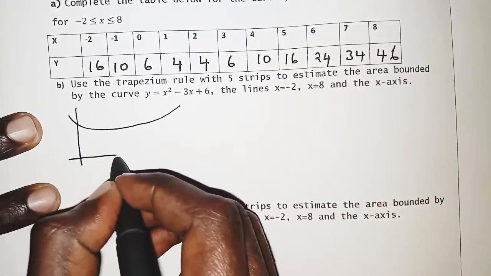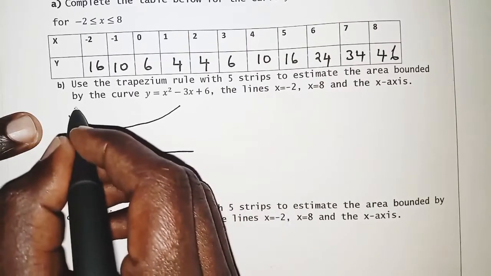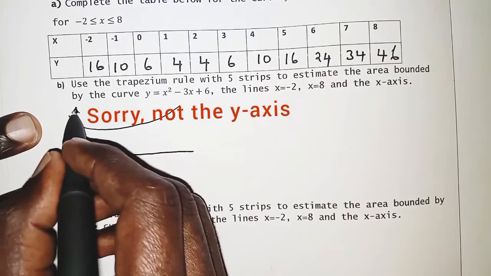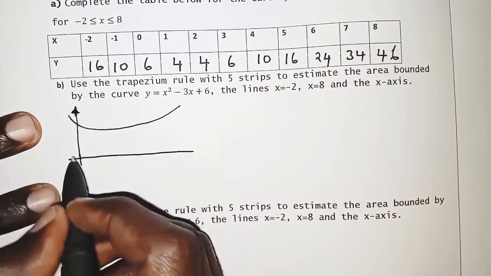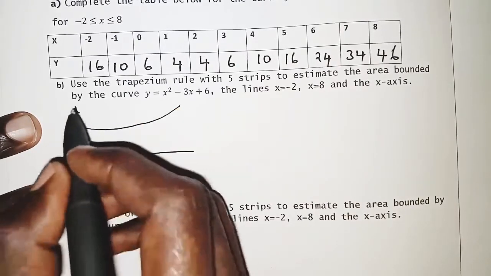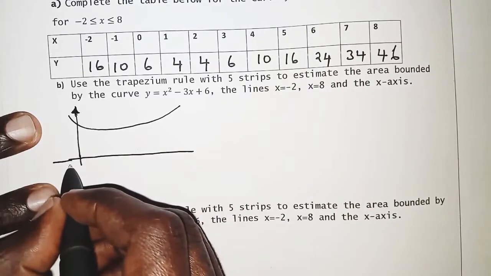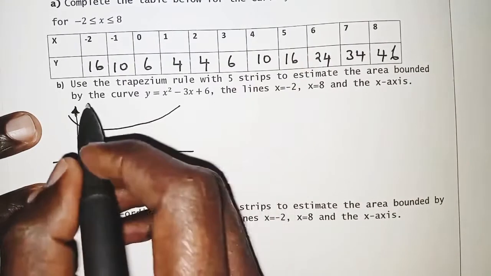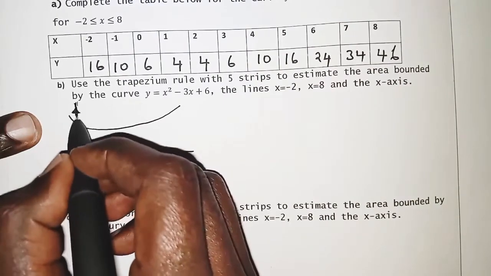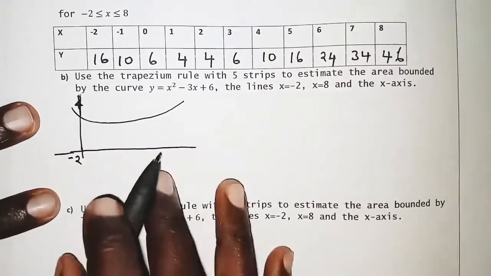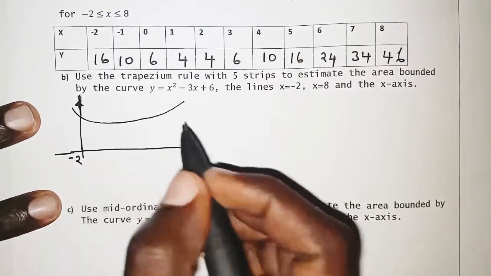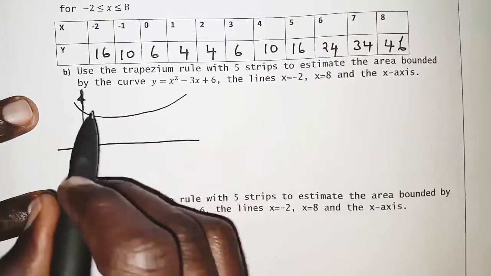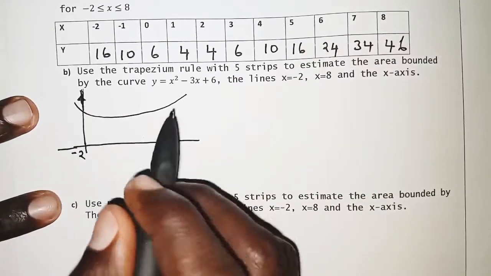So if this is the Cartesian plane, what you're simply going to have is, if here we have -2, then we want to partition it into different trapezia.